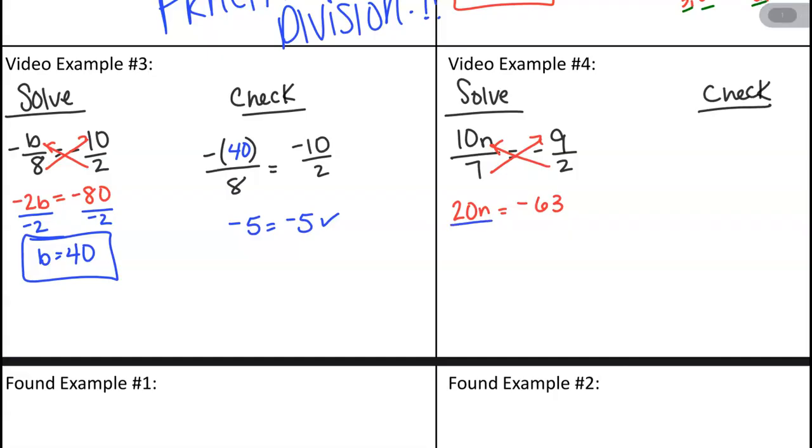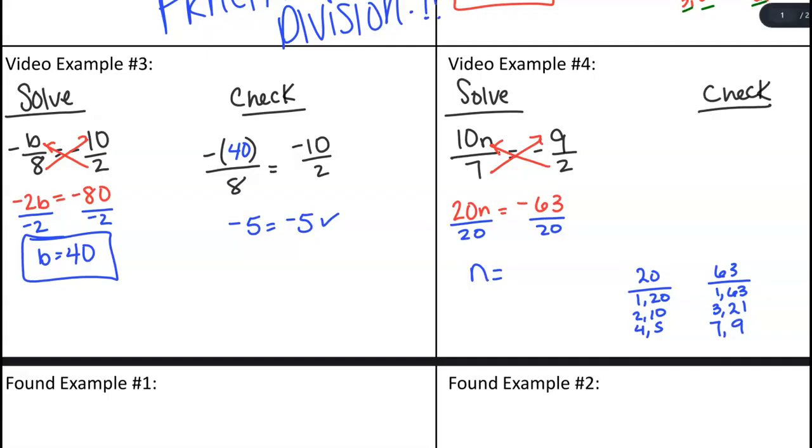Divide by 20. Divide by 20. So we got n equals, 20 doesn't go into 63 evenly. Let's see if they share any common factors. So 20 is 1 and 20, 2 times 10, not 3, but 4 times 5. 63 is 1 and 63, 2 doesn't go into it, 3 does, 3 goes into it 21 times, 4 does not, 5 does not, 6 does not, 7 does, yes, 7 times 9.